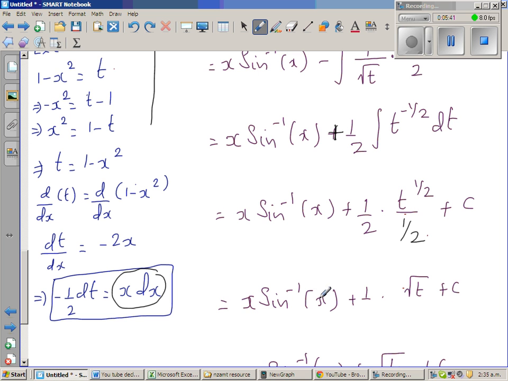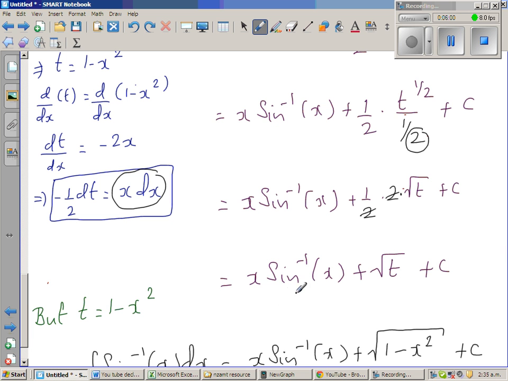This half is 1 over 2, and the 2 will go to the numerator, and then this and this get cancelled.